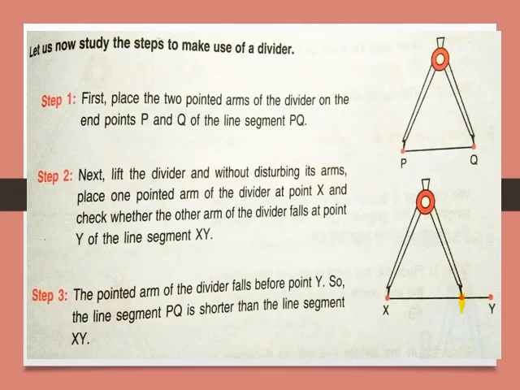The pointed arm of the divider falls before point Y, and therefore the line segment PQ is shorter than the line segment XY. In this way, dear students, by using the divider or the ruler, we can measure and compare the line segments.